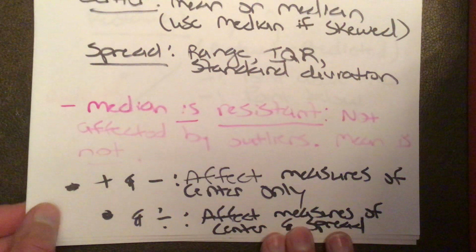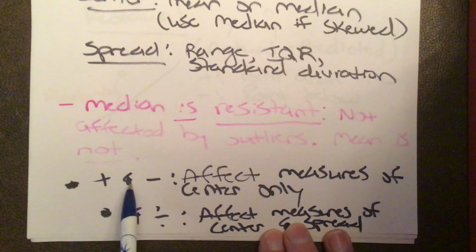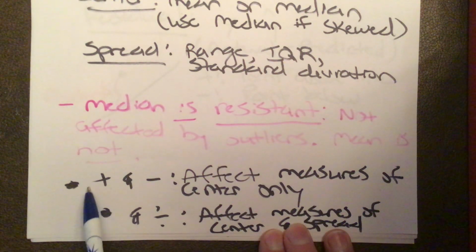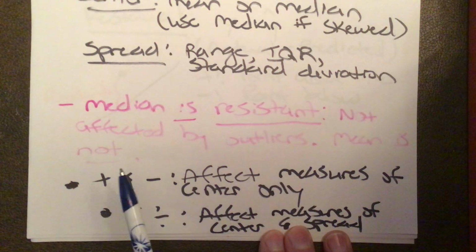Another thing that relates to the distributions is, if you add or subtract something from all the data values in a data set, it affects the measures of center only, because you're just shifting everything up or down.